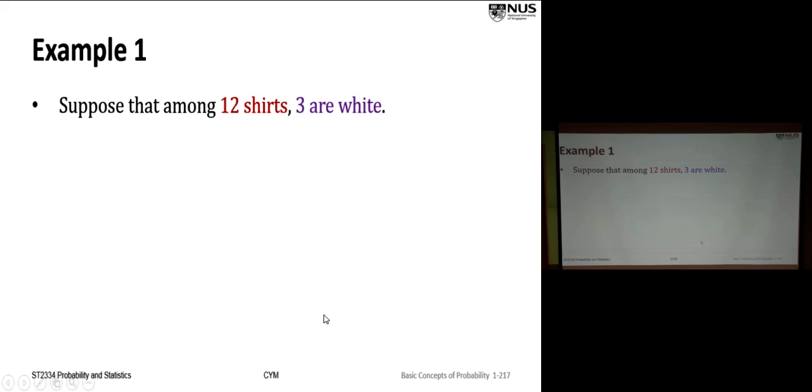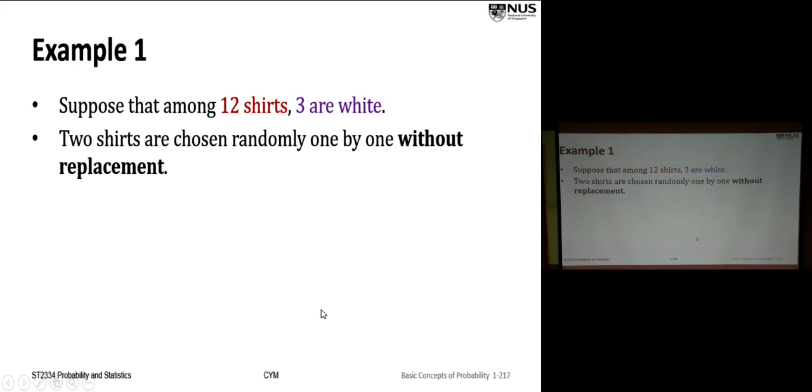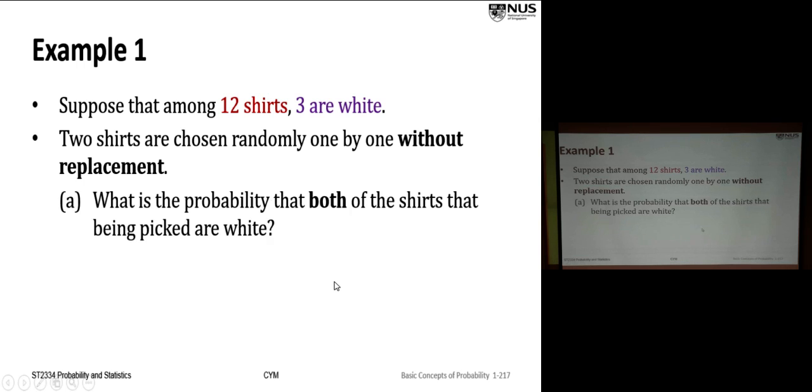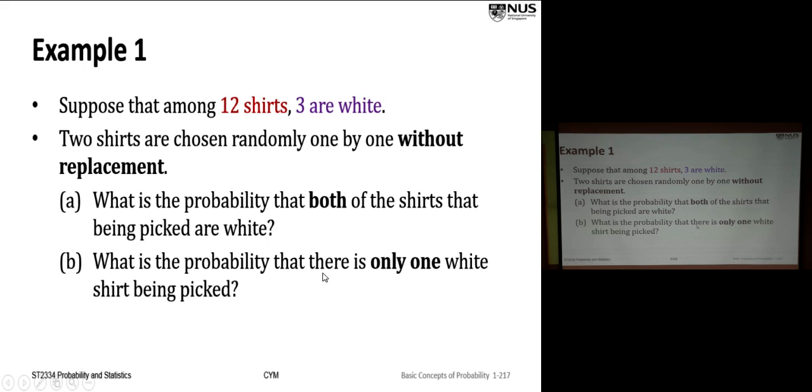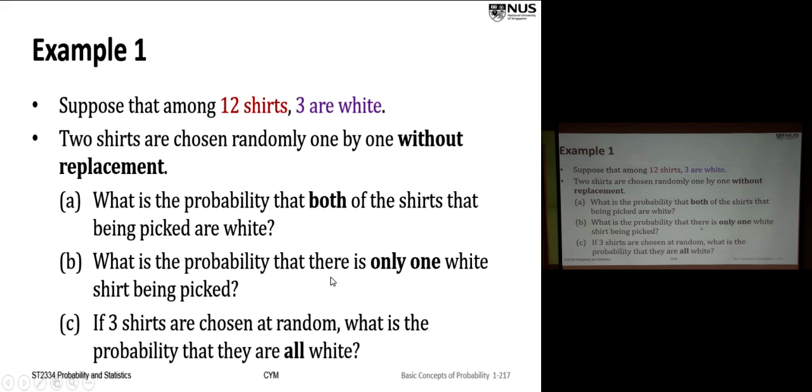Two shirts are drawn at random, one by one without replacement, so you can consider taking one shirt first. What is the probability that both shirts are white? What is the probability that there is only one white shirt? And if three shirts are chosen at random, what is the probability that all are white shirts?